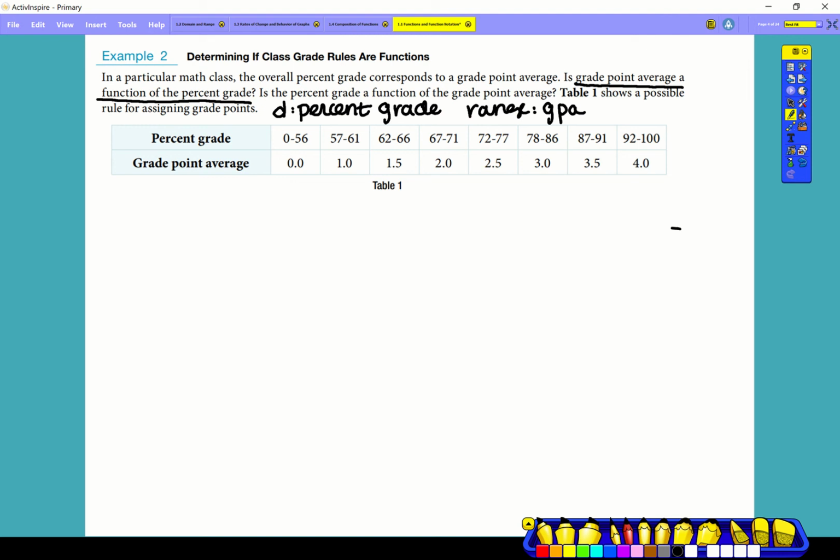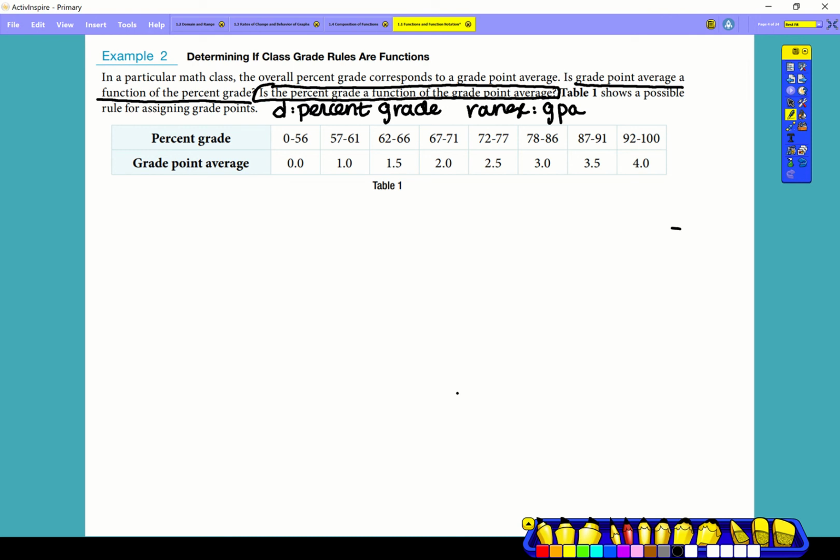And then it wants to know the reverse. Notice this question nestled right in here. We could have missed it. So, is the percent grade a function of the grade point average? That wants to know the reverse. So, is the grade point average a function of the percent grade?